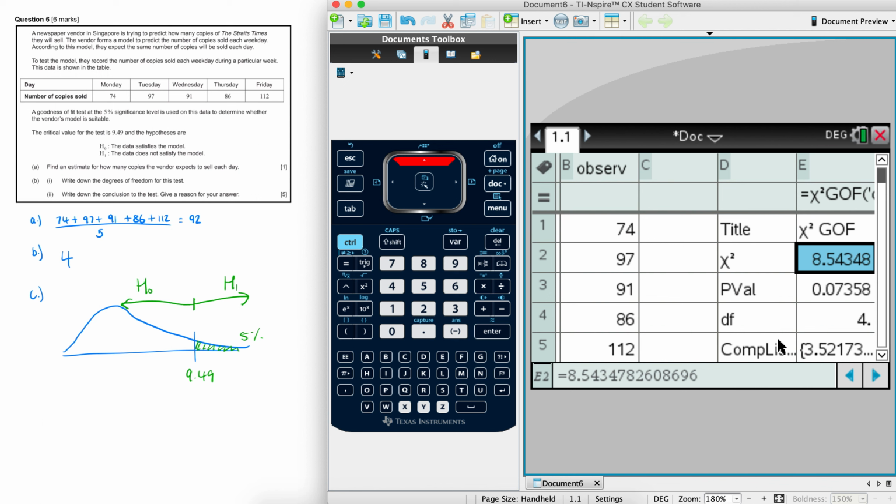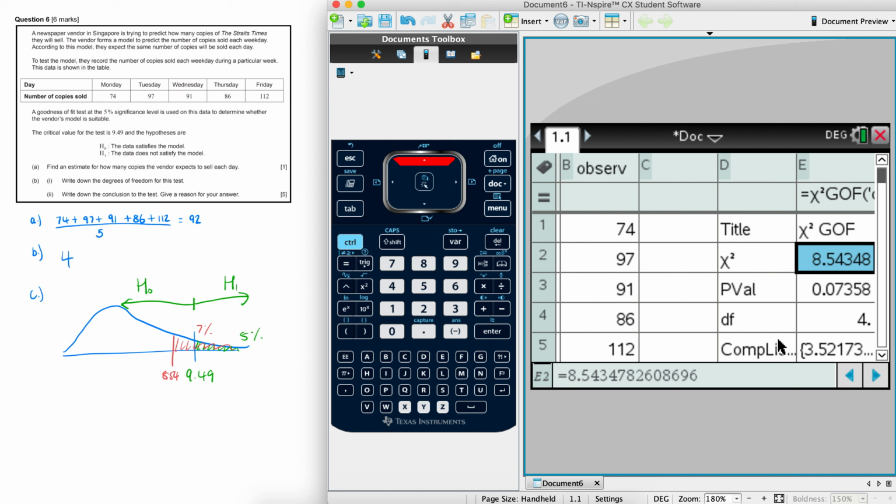The data we got is a chi-squared value of 8.54, so that's this side. The p-value is 7%, so it's actually a bigger area.